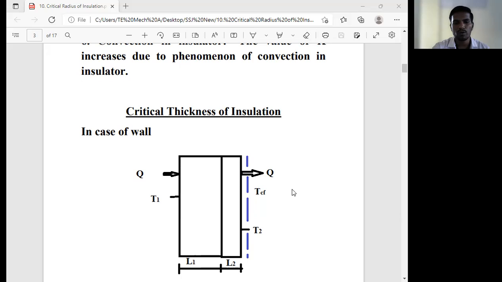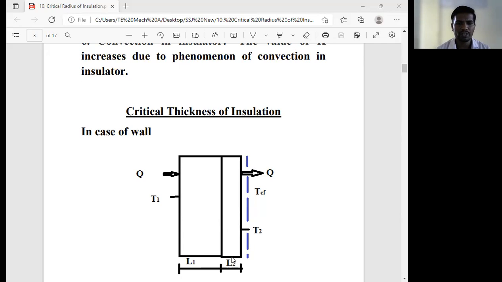So we have to consider one wall. There is a wall of thickness L1 and we are using insulation of thickness L2. One wall is there and we have attached insulation to it. The thickness of the wall is L1, and the thickness of insulation is L2.